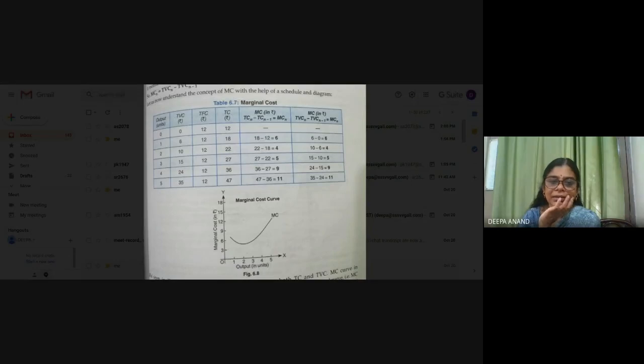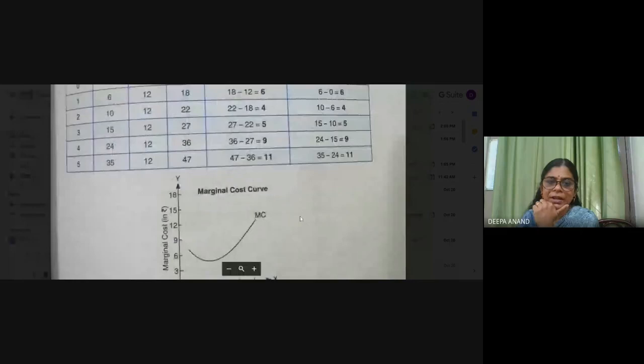Therefore, MCn is equal to TCn minus TCn minus 1. It's given here. I don't know whether you can see it or not.